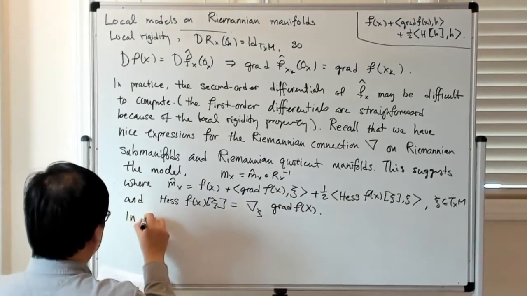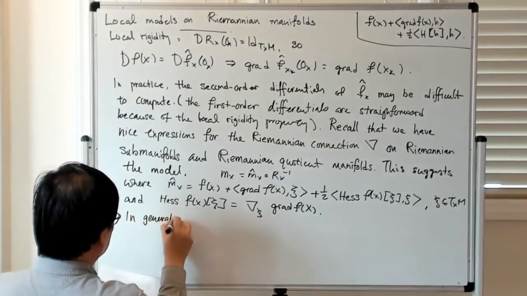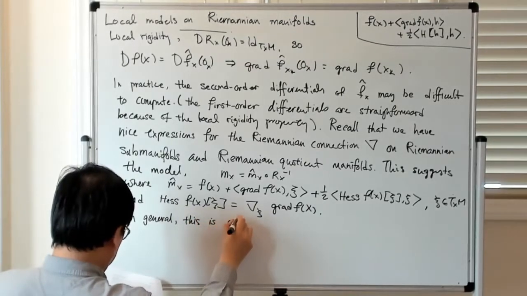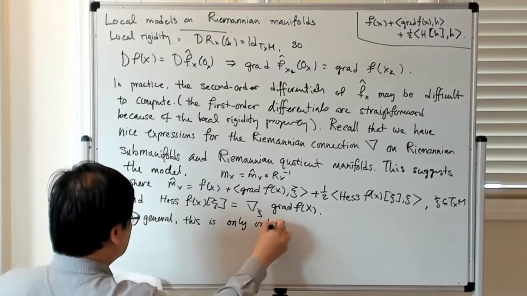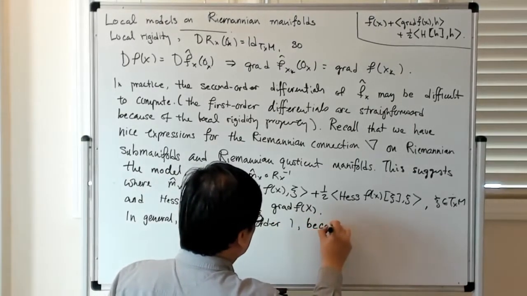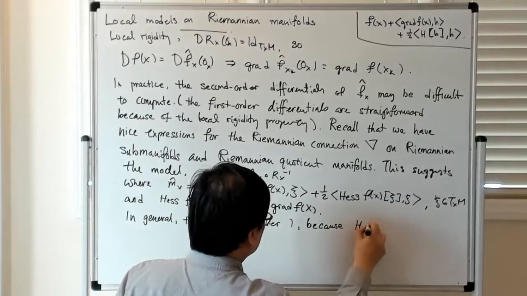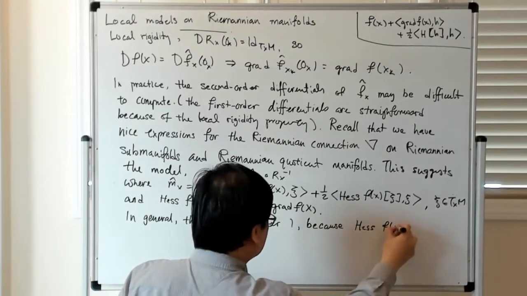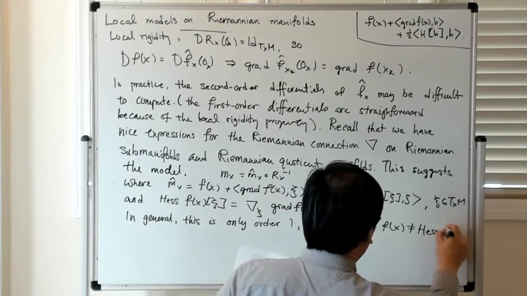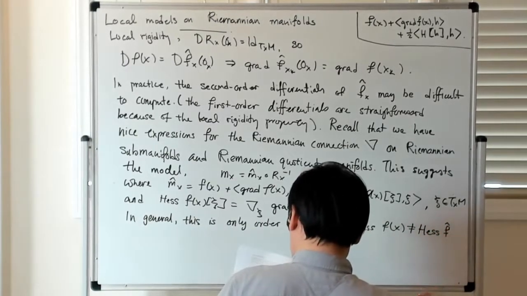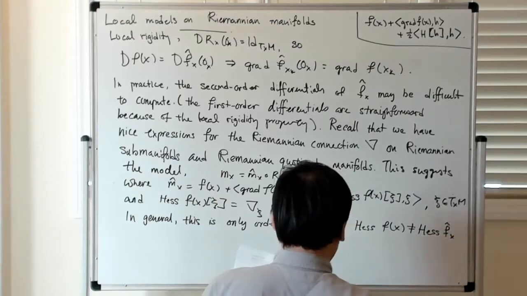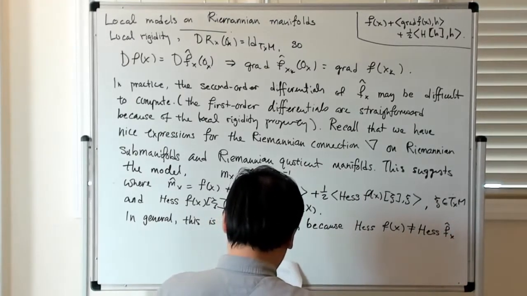In general, this is only order 1, because the Hessian of f of x in general is not equal to the Hessian of f hat x at 0x.